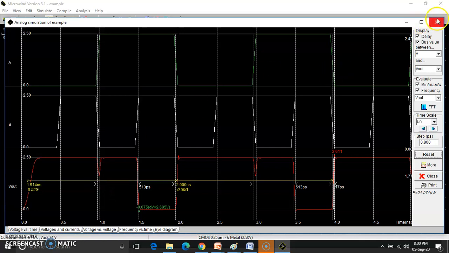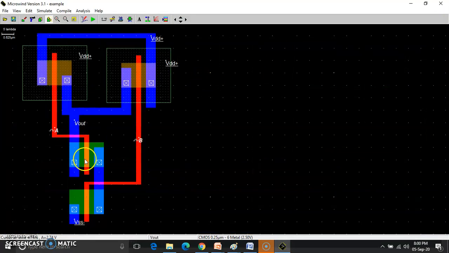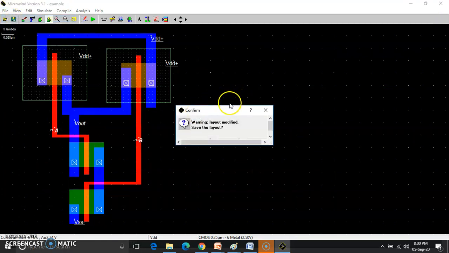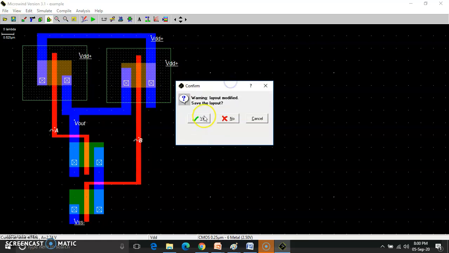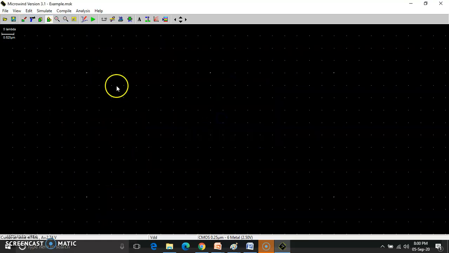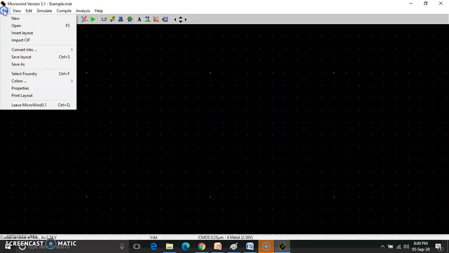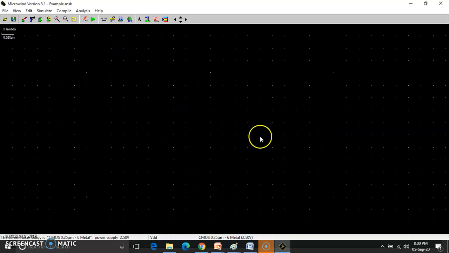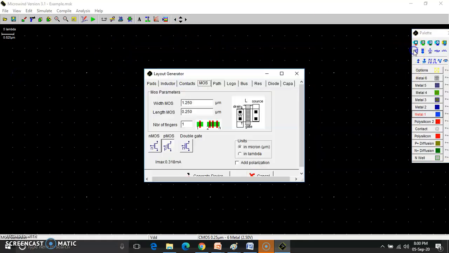Okay, so let's see how to implement this circuit. First step, I am creating a new file. New, I am not saving this. No. So the first step is to select a foundry and select the 0.25 micrometer technology. After that, I have to take a palette, and from the palette I need to take two NMOSFETs.